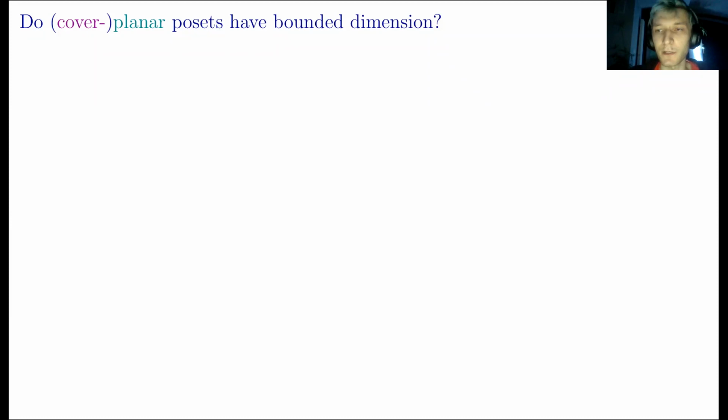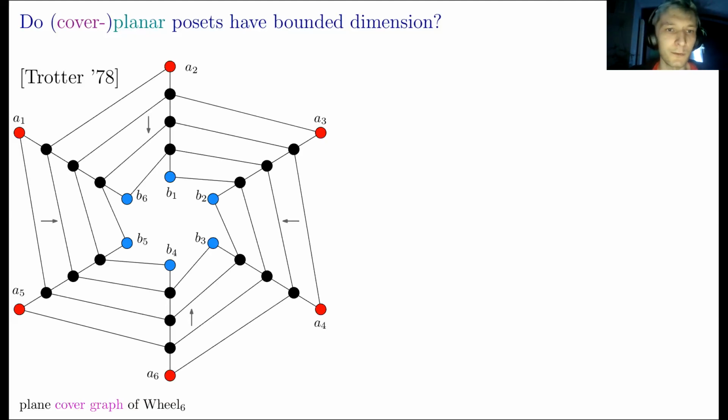So the first one, okay, this is just a recollection of what a standard example is, and that the dimension of the standard example is n. And now this is the first example. It was given by Trotter in 1978. We usually call it the wheel, and this is a cover planar poset, so it has a planar cover graph.